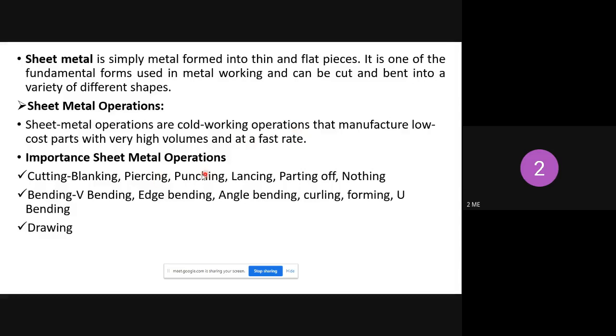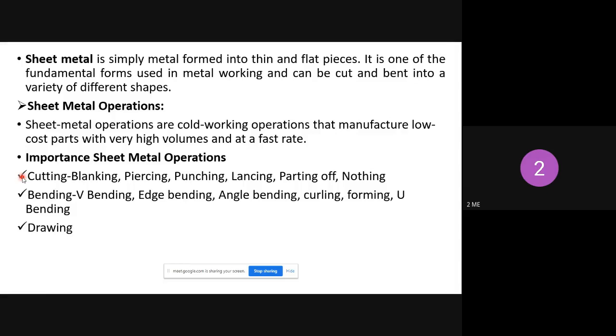So there are different types of important sheet metal operations. One is the cutting operation. Cutting is when we take sheet metal in a large size, cut it, and later use that cut piece as a workpiece. Next one is the bending operation.